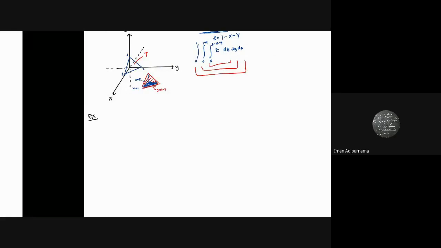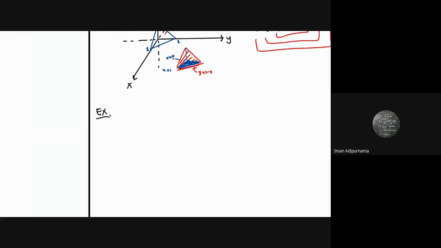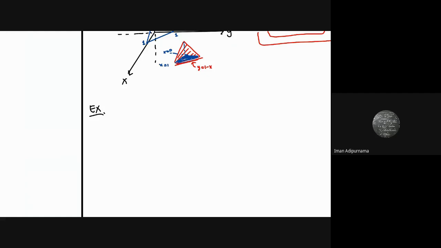Because I think the key for multiple integrals is, first, getting used to the calculation itself, and the second is to make sure that you understand the questions: what you need to find.